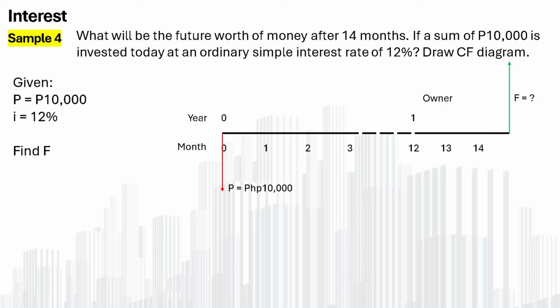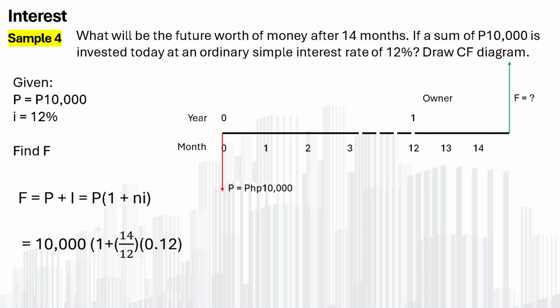So we can use the solution here. F is equal to P plus the interest, or P times 1 plus N and I. So it's simply like this. All we have to do is substitute the formula. Since this is a simple interest rate, we're basing it on a banker's year basis.